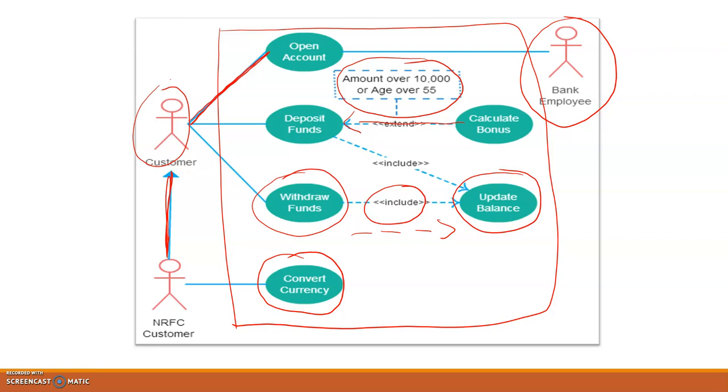So this is all about the extend and include relationships, and this is all about the use case diagram.